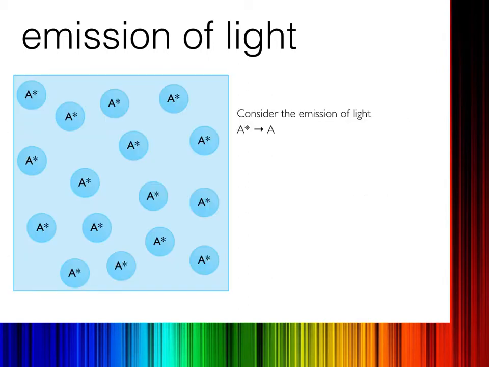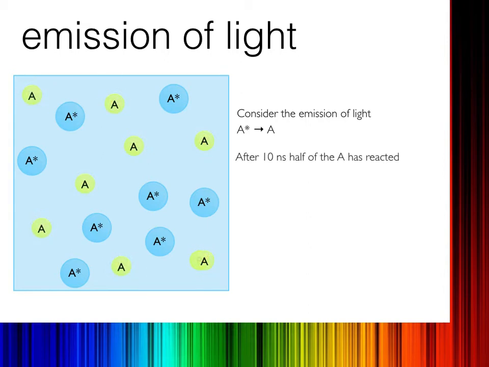If I think about having a system where I have lots of excited states, this will decay using first order kinetics, and I just display a simple example of that here. So naturally, the A star excited state will decay to the A ground state. A first order process means that every period of time, if I lose half in the first period, I will lose half of the remainder in the second period.